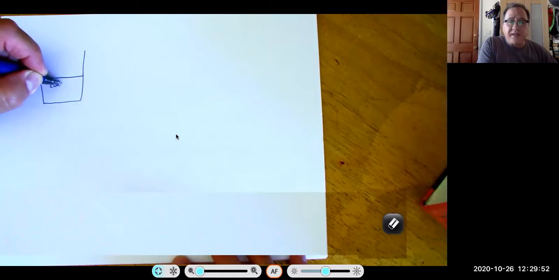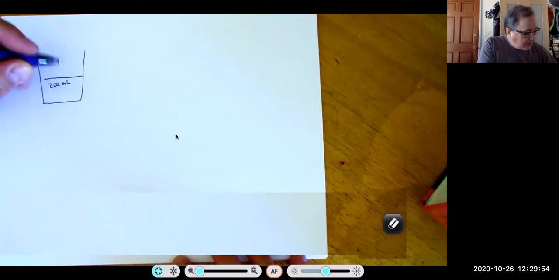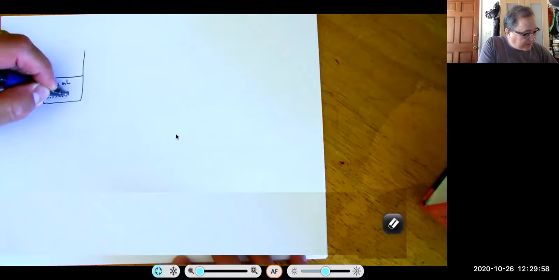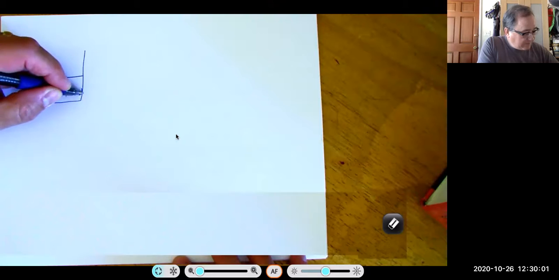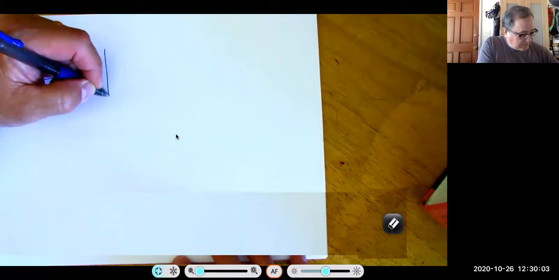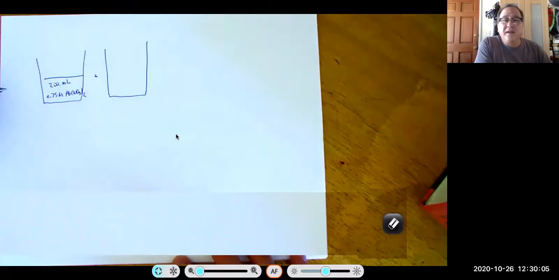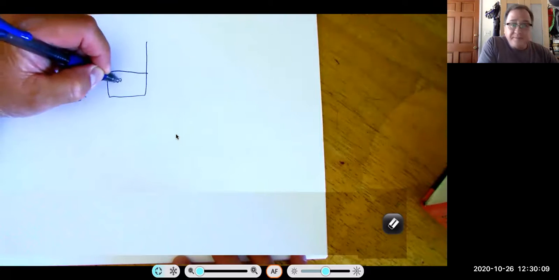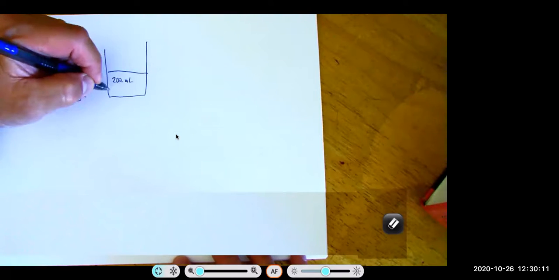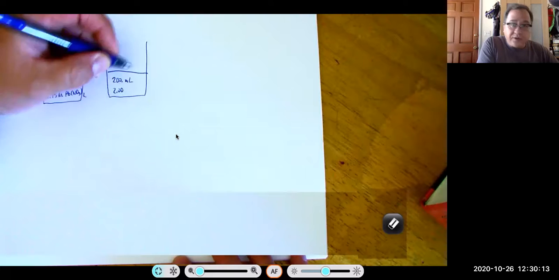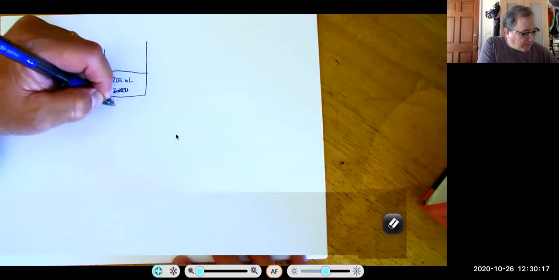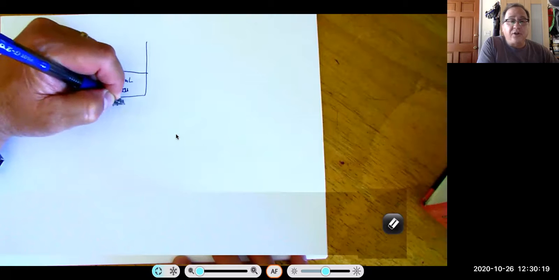We have 200 milliliters of 0.75 molar lead(II) nitrate, and we have 200 milliliters of 1.5 molar sodium bromide.